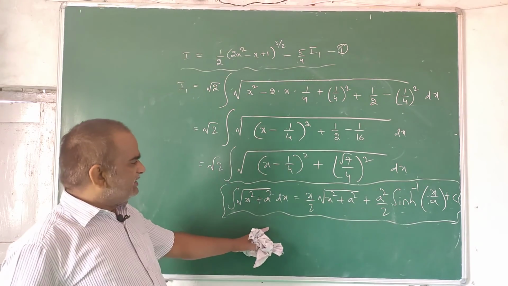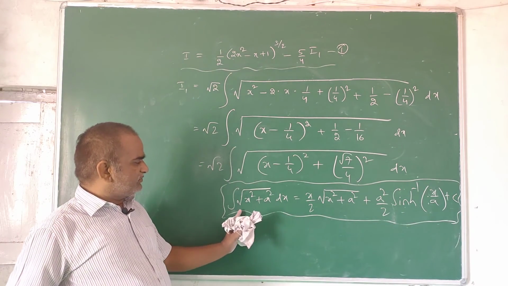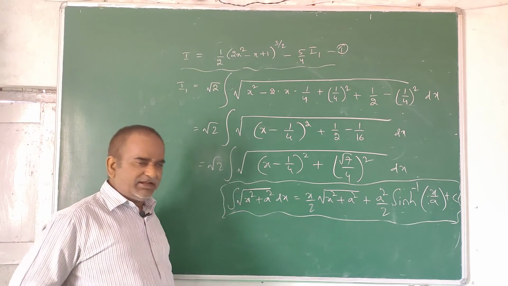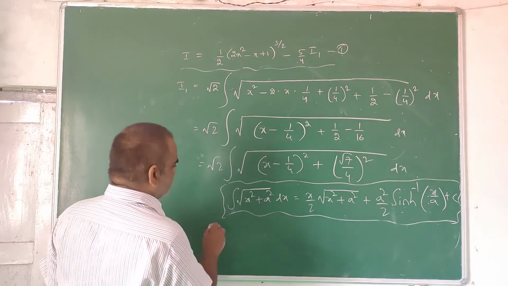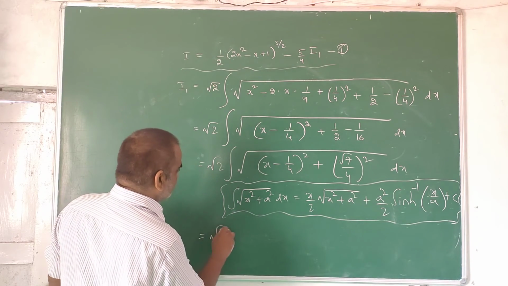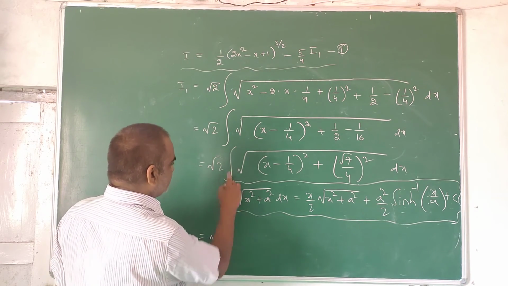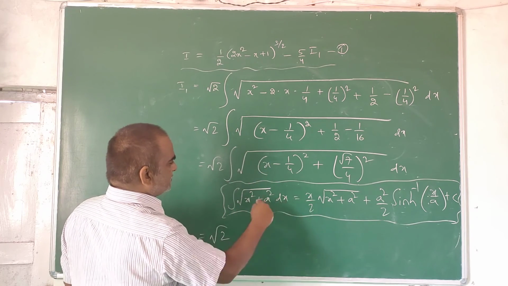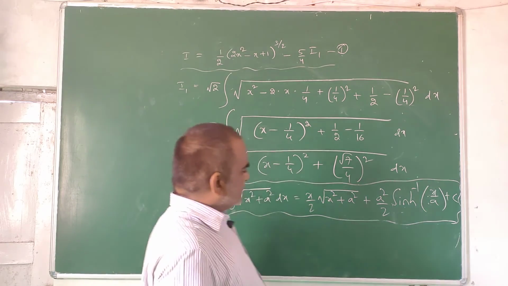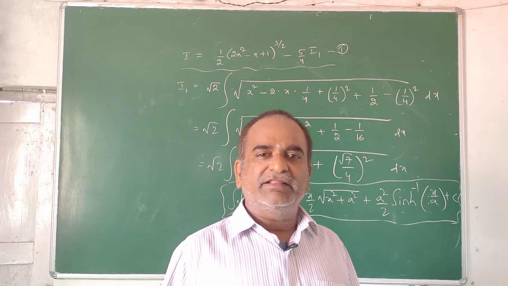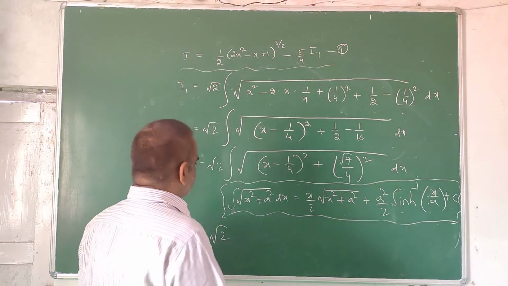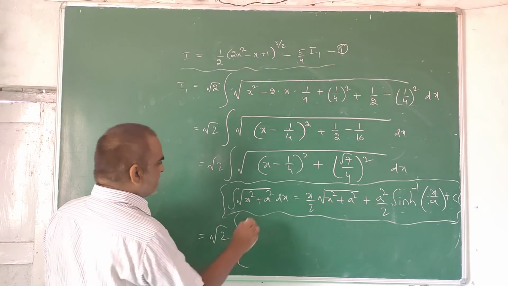This is a formula for this integral root over x square plus a square dx. So applying this formula to evaluate this integral, which is equal to root 2 into, now integral, this is this. So here x minus 1 by 4 is playing the role of x, root 7 by 4 is playing the role of a. So keep whole brackets.